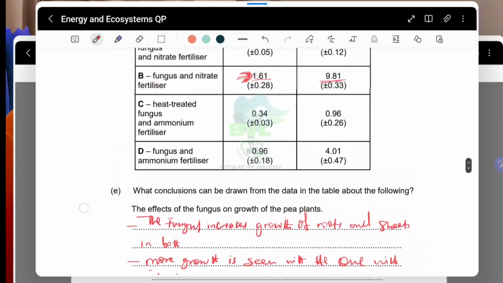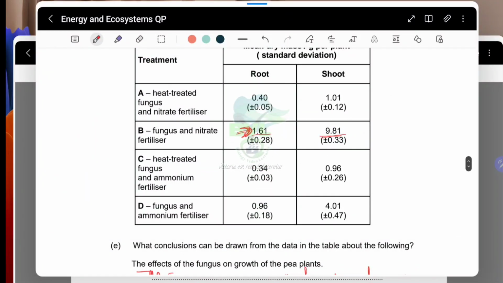Okay, before I move on, let me get something right here. I think I missed something. I think there's a mistake I made in the first one. So look at this, please pay attention here. It's not a big mistake, so there's nothing much.